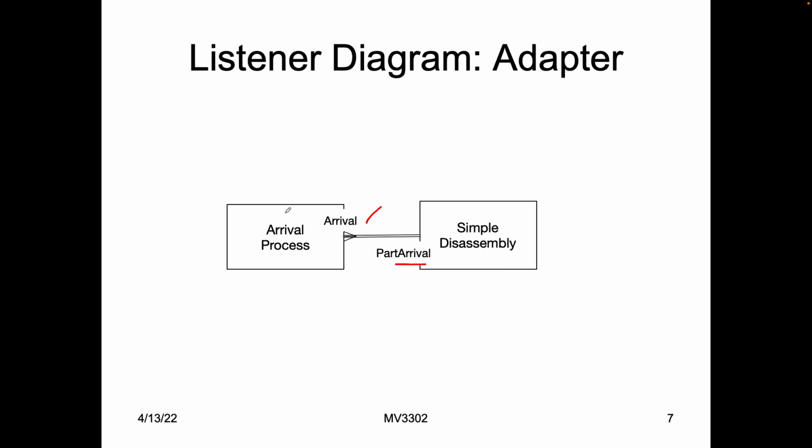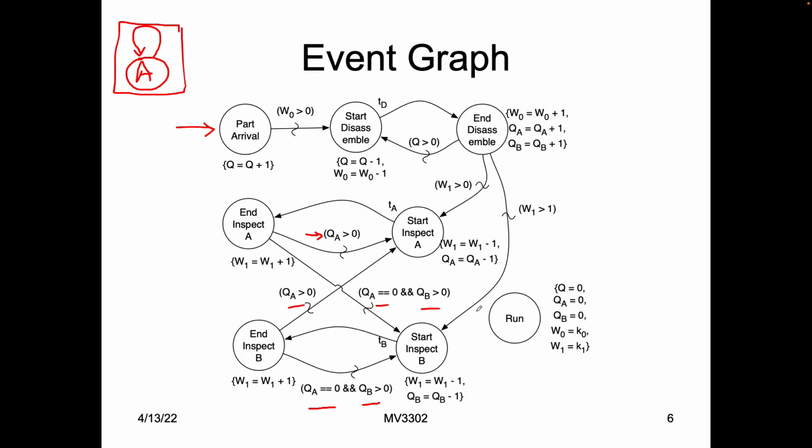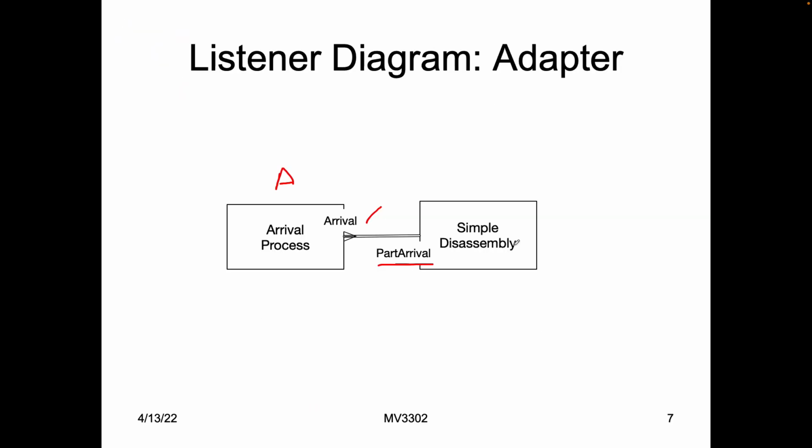And so the way this works is that whenever an arrival event occurs in the arrival process, the adapter says, okay, I'm going to tell this listening component that it wasn't an arrival event, it was in fact a part arrival event. And then that will in turn trigger this event, which will then set everything else off.